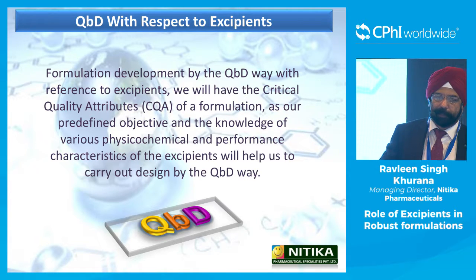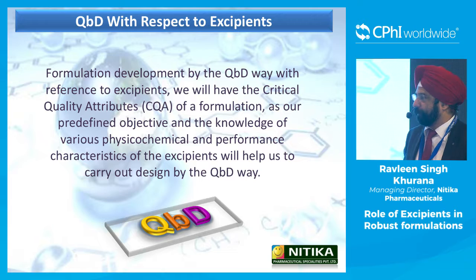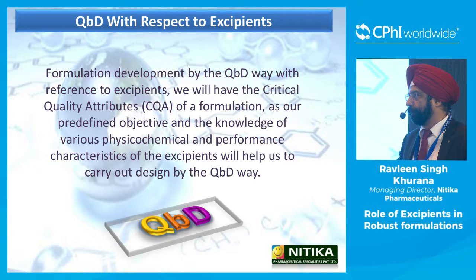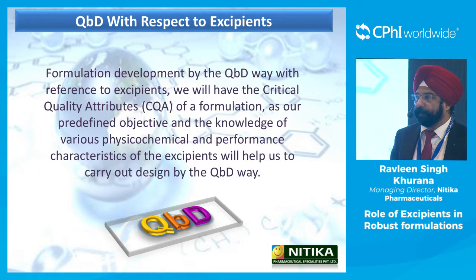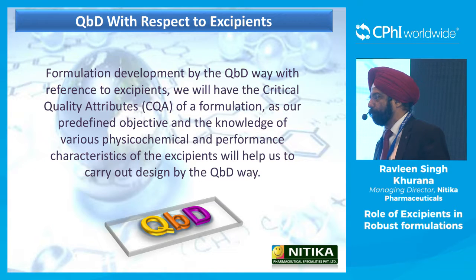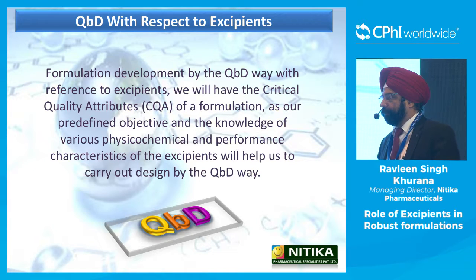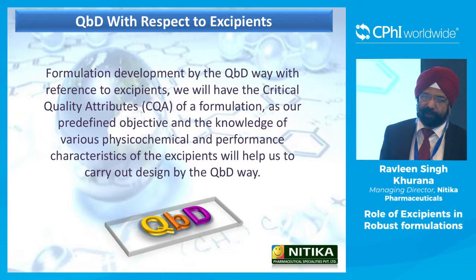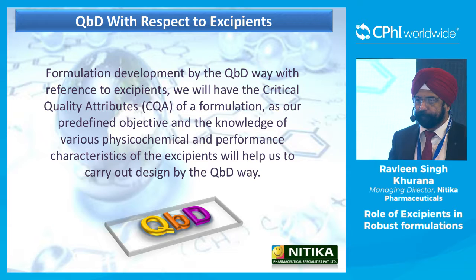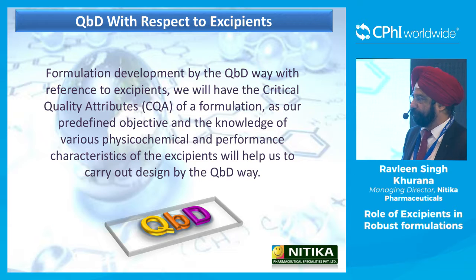I'll give you one example. ICH Q3D is in. So we need to define the elemental impurities depending upon the daily intake. With respect to that, we have to go backwards and find out what excipients we are using and how they are going to impact our final formulation in respect of the elemental impurities.